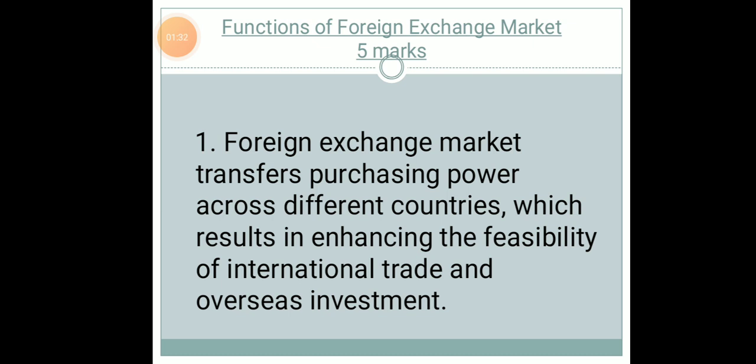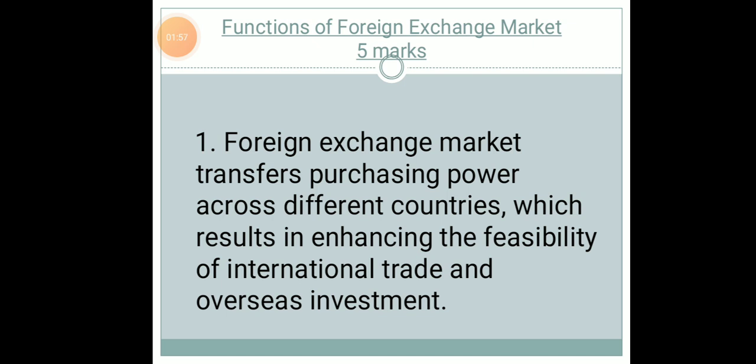So if you export something which you have produced in your own country to another country, that country's citizen can buy your product which is manufactured in your home country. So you have transferred the purchasing power of this particular product to some other country's citizen.